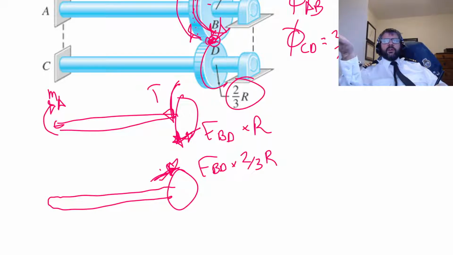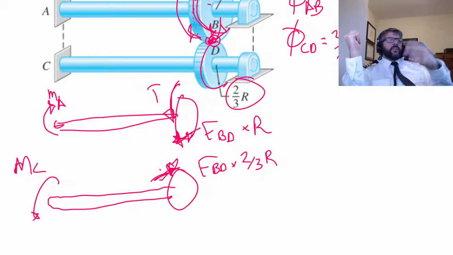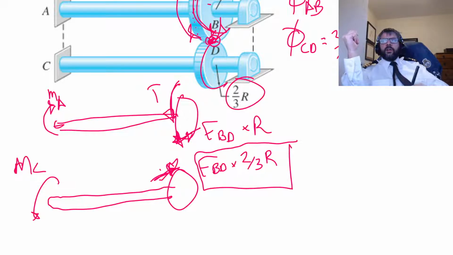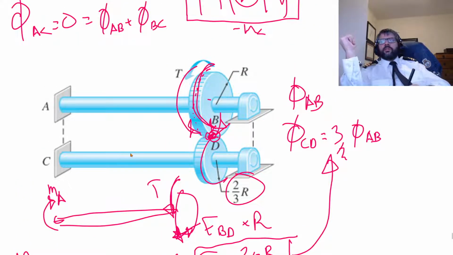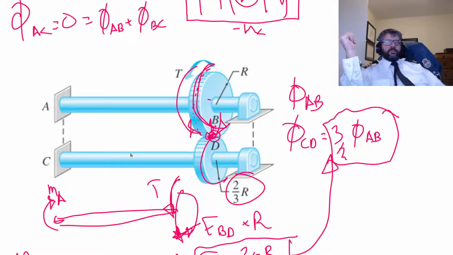If that's FBD times 2/3R, then the reaction at the wall, MC, needs to be the same amount as well, just in the opposite direction. So our twist over CD is going to be based upon the internal torque that's here, and then we can relate it back to AB from here.